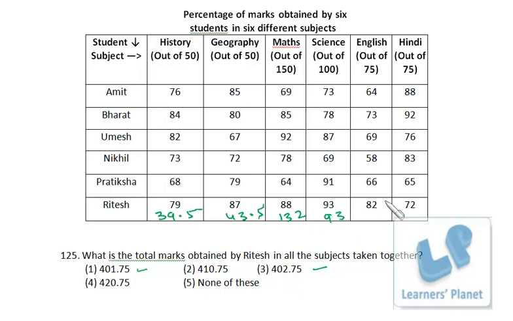Then this is 82 into 3 by 4. So it is 61.5. Then this is 54. Okay, so this is, I just remove this, this is 40 plus 43, that's 83.